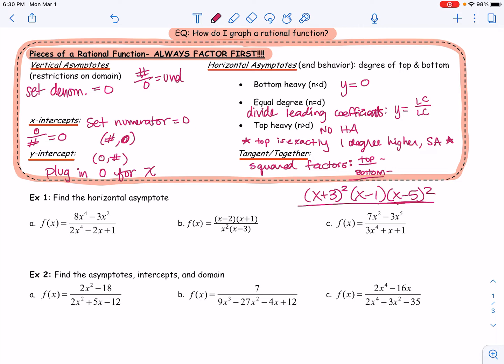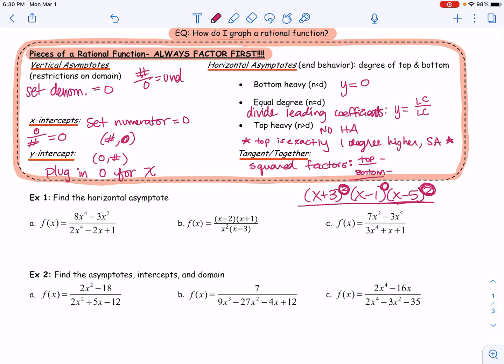You would tell me at -3, you would be bouncing because that has an even multiplicity. You would tell me at 1, you would be crossing because it has a multiplicity of 1. And you would tell me at 5, you would also be touching or bouncing because it has that even multiplicity. The same thing happens here.